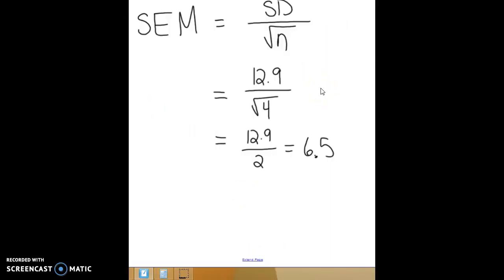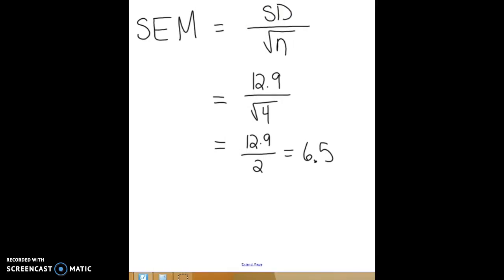Now we're going to calculate the SEM, standard error. Take your standard deviation, your SD that you just calculated, and divide by the square root of however many samples you have. My standard deviation was 12.9, and I have a total of 4 samples, or 4 student test scores. The square root of 4 is 2, so I take 12.9 divided by 2, and I get about 6.5.